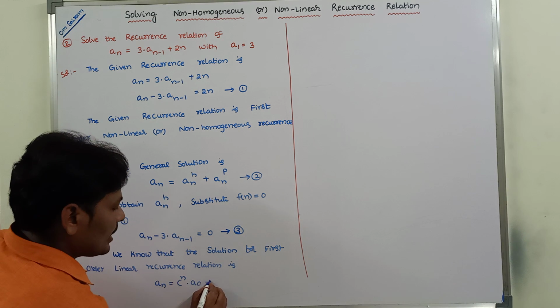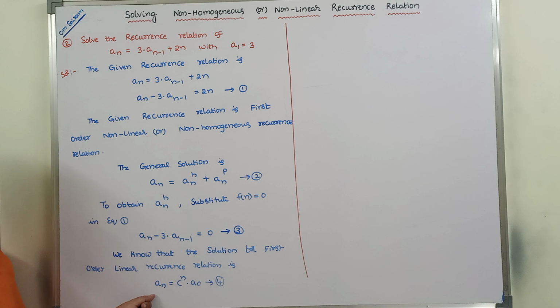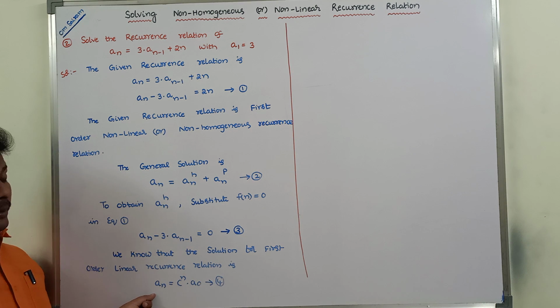So this is equation 4. This is the general solution of the first order linear recurrence relation.